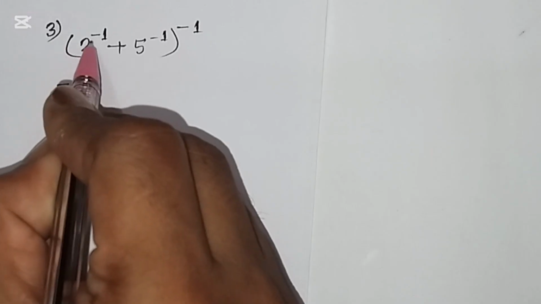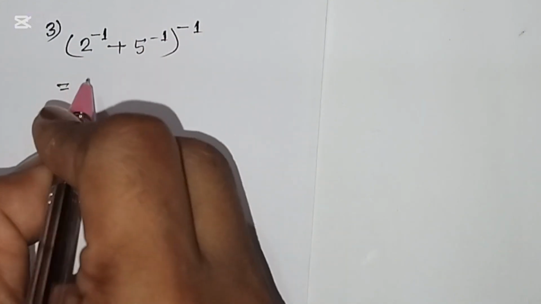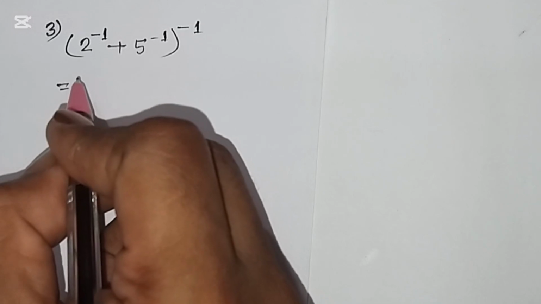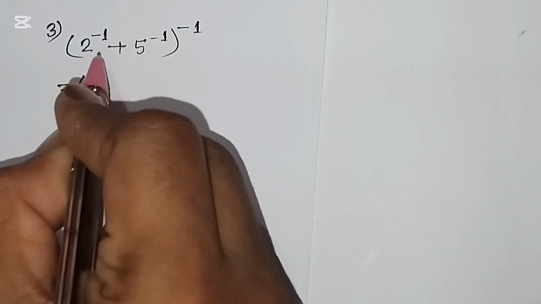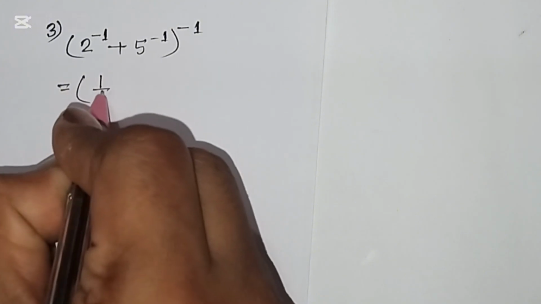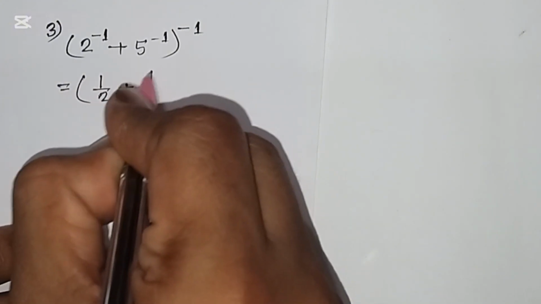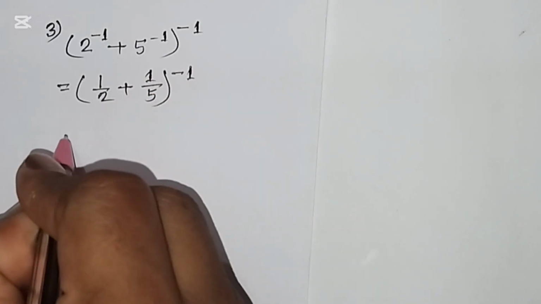Number 3: 2 inverse 1 plus 5 inverse 1, then whole inverse 1. Here 2 inverse 1 is written as 1 by 2, plus 5 inverse 1 written as 1 by 5, whole inverse 1.